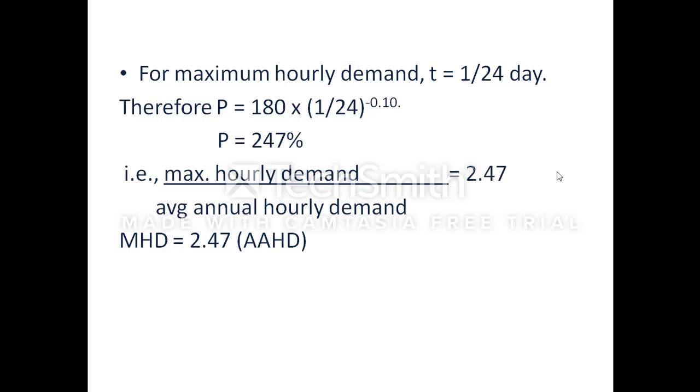Therefore P is equal to 180 into 1 by 24 raised to the power minus 0.10, by substituting 1 by 24 in place of T. So P is equal to 247%. That is maximum hourly demand divided by average annual hourly demand is equal to 2.47. That is, maximum hourly demand is equal to 2.47 times annual average hourly demand.